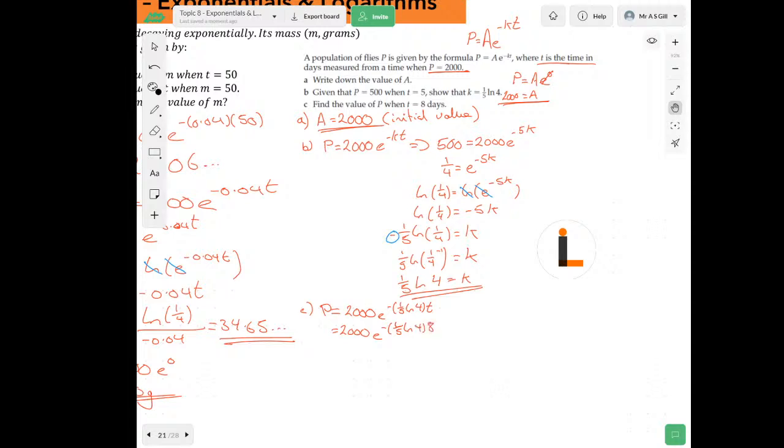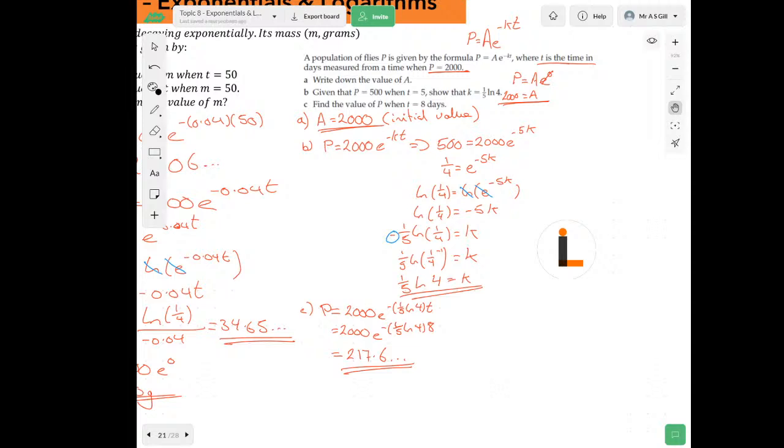So you get to this point, and the easiest thing here is just to type it straight into your calculator. And so we should get an answer of 217.6, again rounding to an appropriate degree of accuracy.